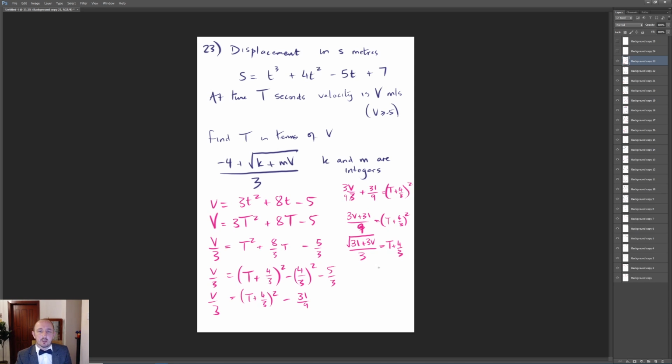And then when I subtract 4/3 from both sides, I get minus 4/3 plus the square root of 31 plus 3v all over 3, and that's equal to t now. And so I can put these together because they have a common denominator. So it's minus 4 plus root 31 plus 3v all over 3, like that. So k is 31 and m is 3.